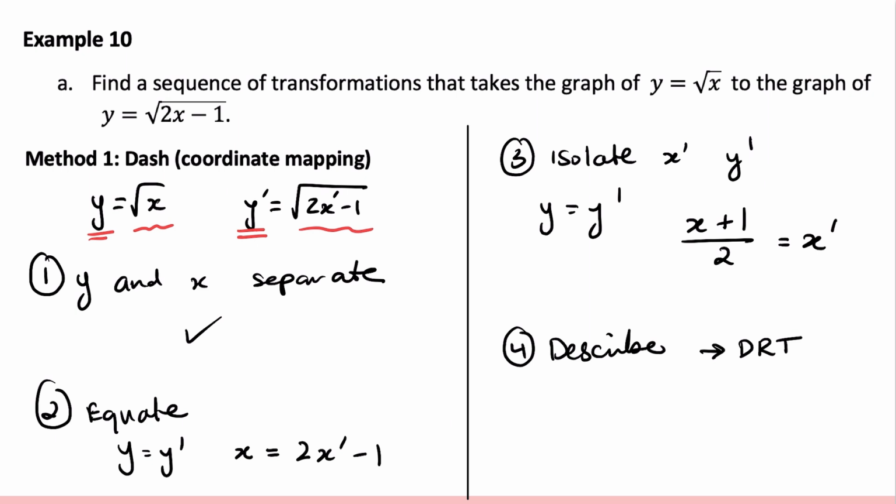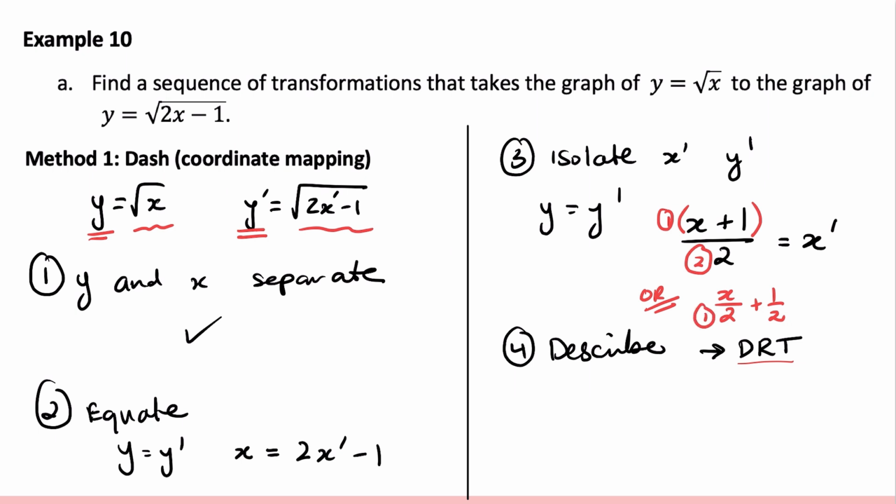But in reality, it's all about what has happened to x first. So what I can see is that in this case, the 1 has been added first. There's like invisible brackets there. And then I've divided by 2. Or if you do want to put it in the order of DRT, what you need to do is separate it. And now I can see that this happened first.